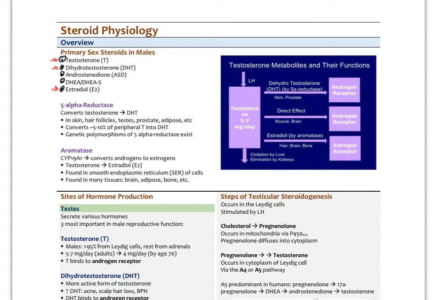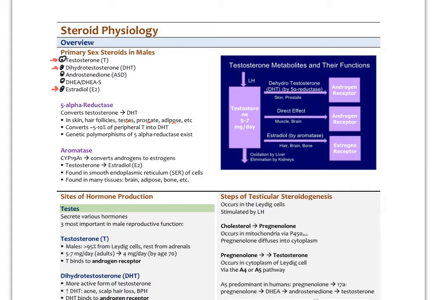The enzyme 5-alpha reductase, remember, is what converts testosterone into dihydrotestosterone. We went over that in the last video. And the 5-alpha reductase is found highly concentrated in the skin, in sebaceous glands, for example, in hair follicles, in the testes, the prostate, and in adipose tissue.